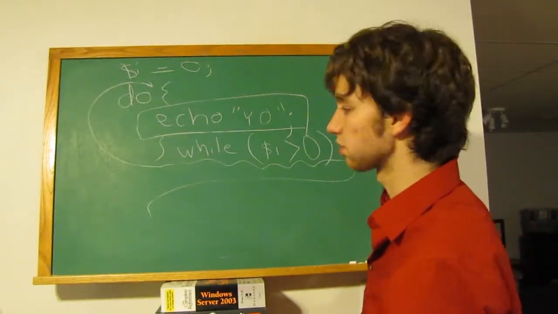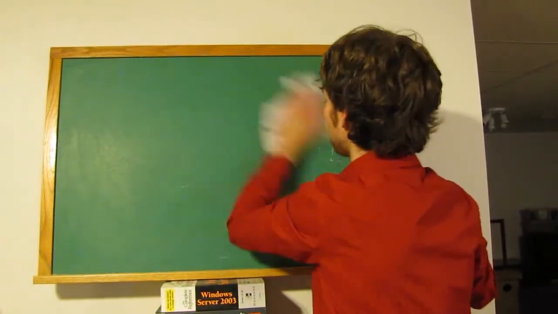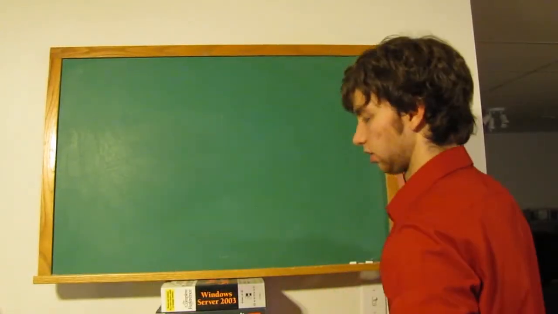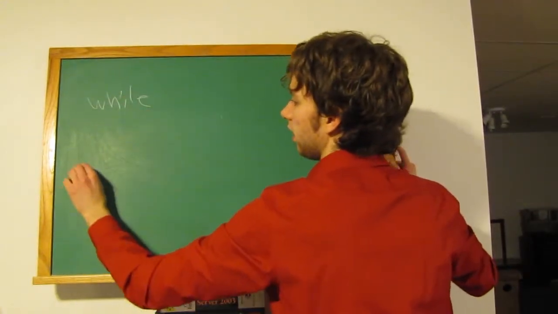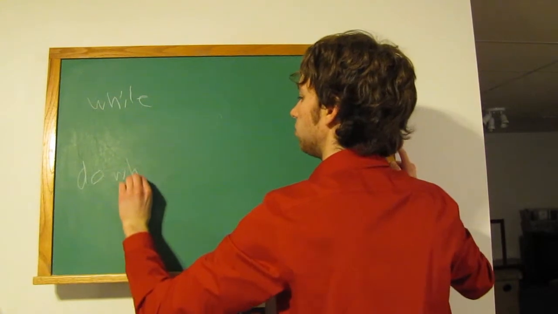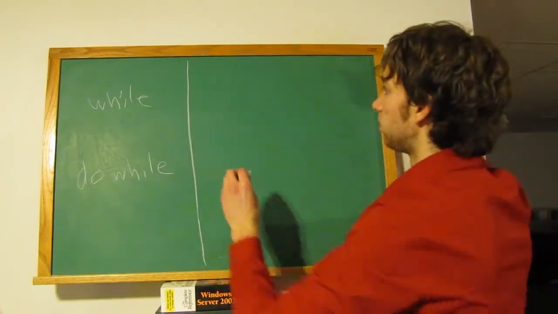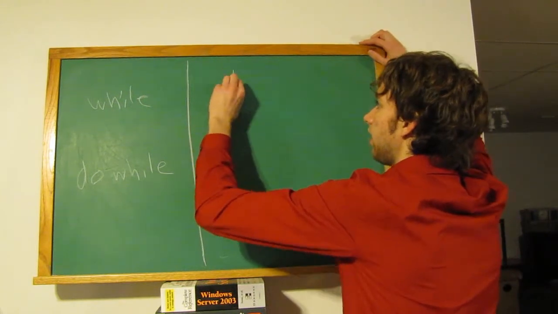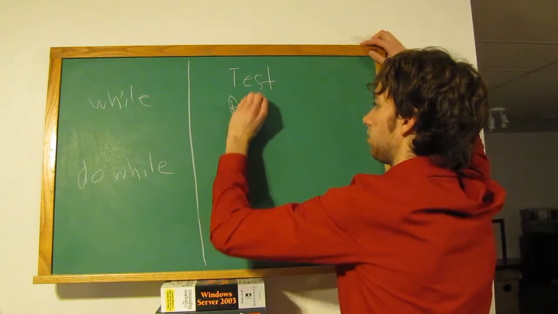But yeah, those are the main differences. So just to summarize that, I'm going to make a little chart here. We have a while loop, and then we have a do while loop. A while loop will test it, and then it will run it.